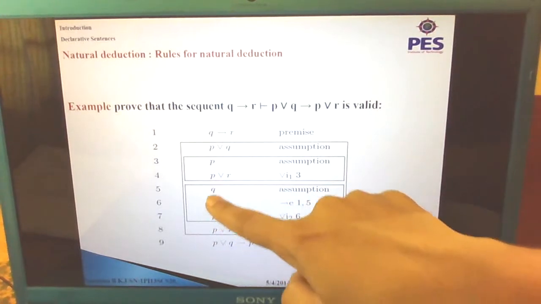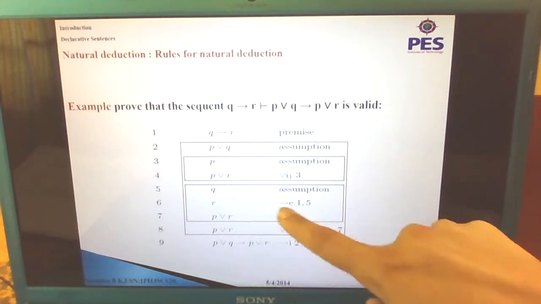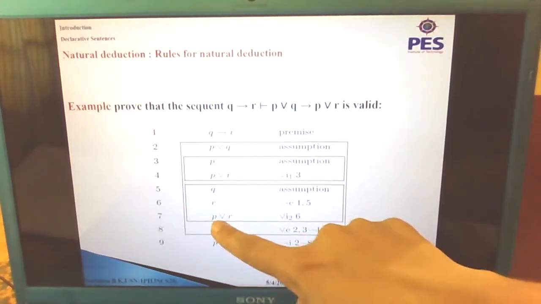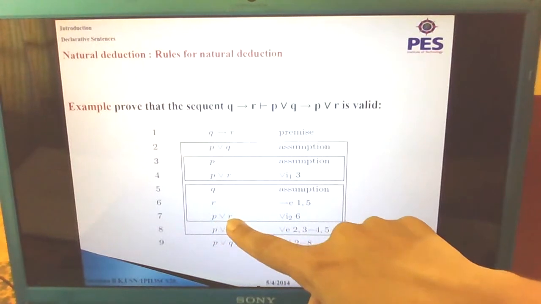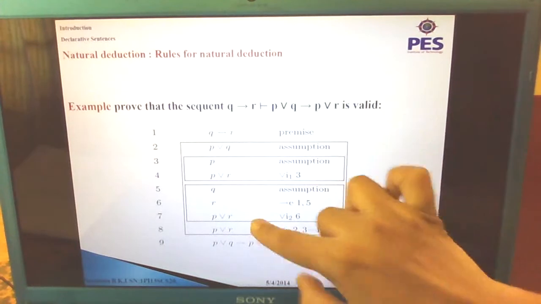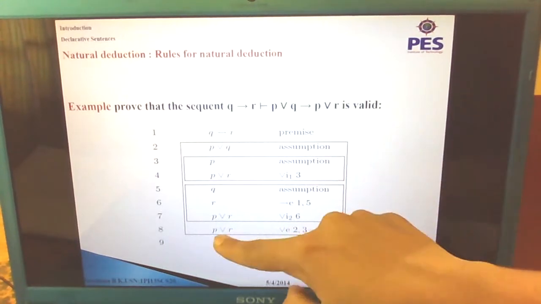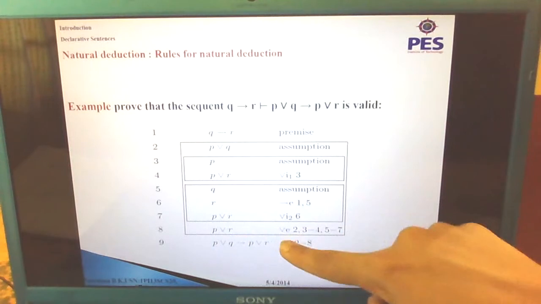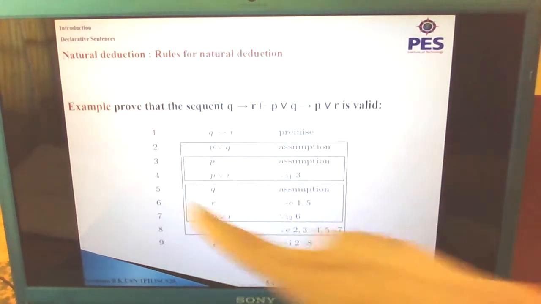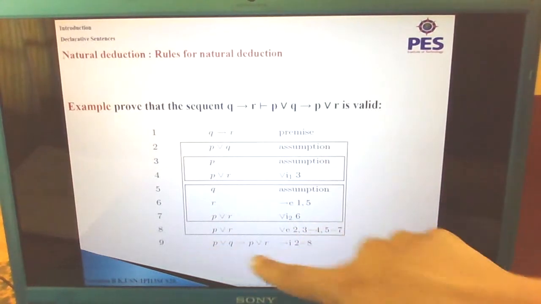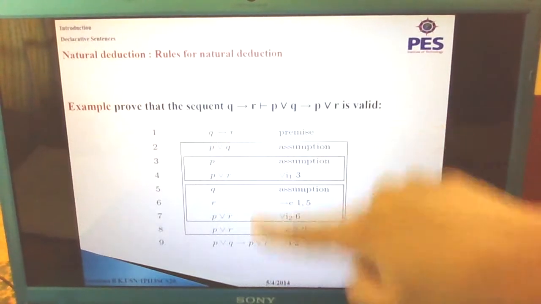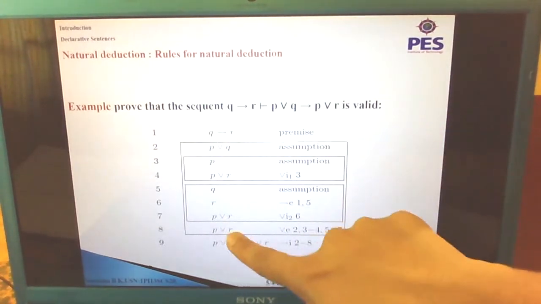Applying elimination on line numbers 1 and 5, we conclude P disjunction R is true. Here P disjunction R is true in both cases, so by eliminating the disjunction symbol on line numbers 2, 3 to 4 and 5 to 7, we can conclude that P conjunction disjunction Q implies P disjunction R.